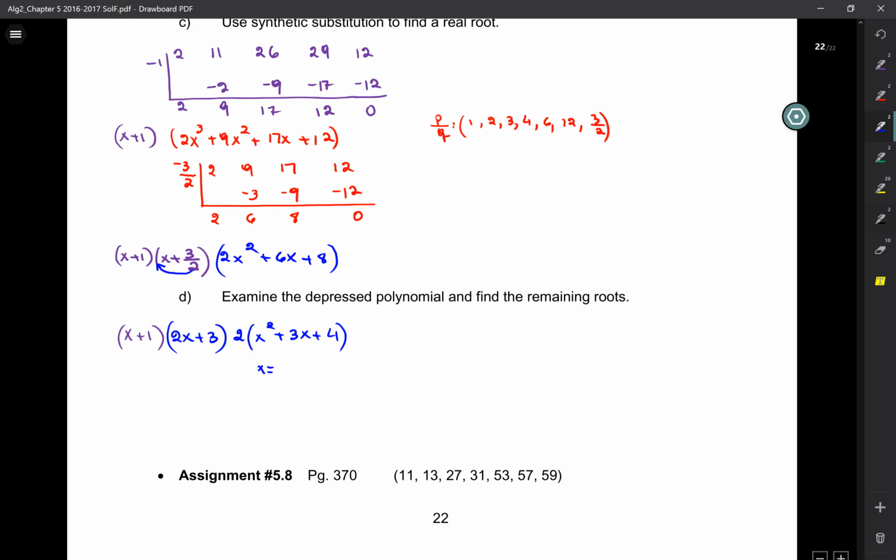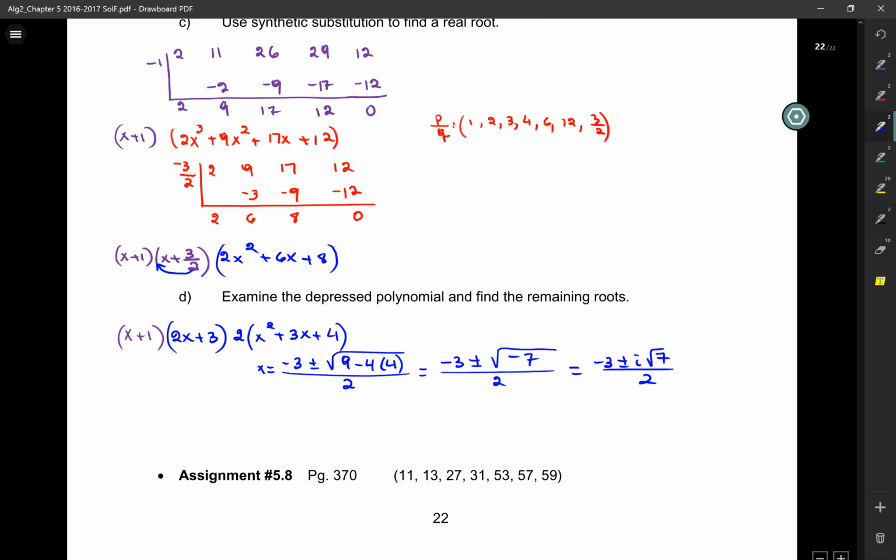Okay. -b plus or minus the square root of b squared minus 4 times a times c all over 2. So this is -3 plus or minus the square root of 9 minus 16. Why can't I erase anymore? Yes, all over 2. -3 plus or minus i root 7 over 2.